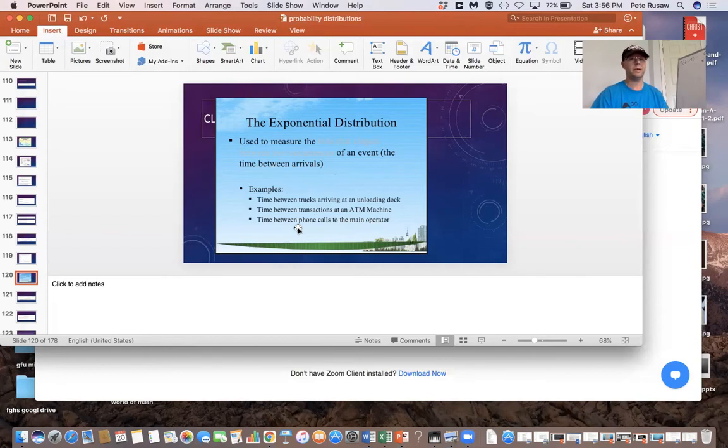And this actually has applications that tie in with the Poisson distribution. Because remember, Poisson was how many things happen in a certain amount of time, which is discrete because you're counting the number of things that happen in a certain amount of time, assuming some sort of average rate. But now we're changing the question so that the answer is a measurement, an amount of time from one truck arriving to another truck arriving, or from one phone call to another phone call. So that's kind of interesting.